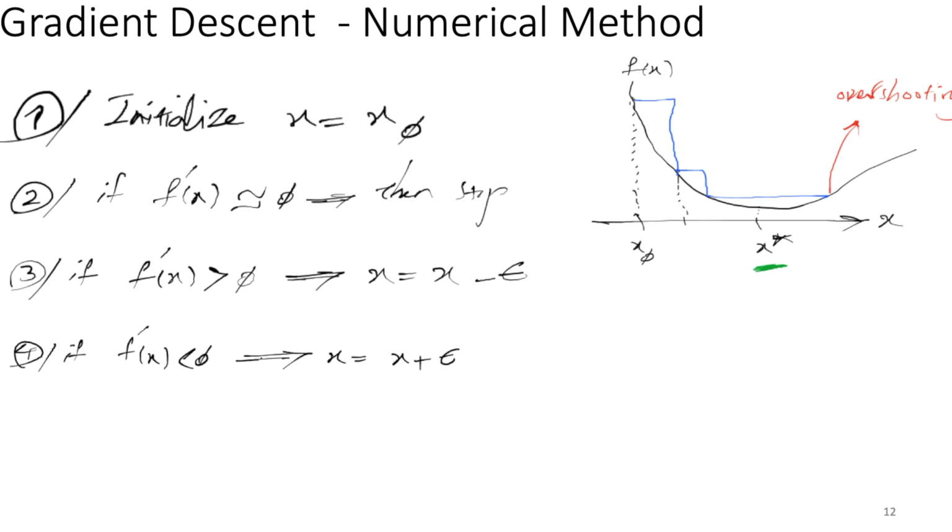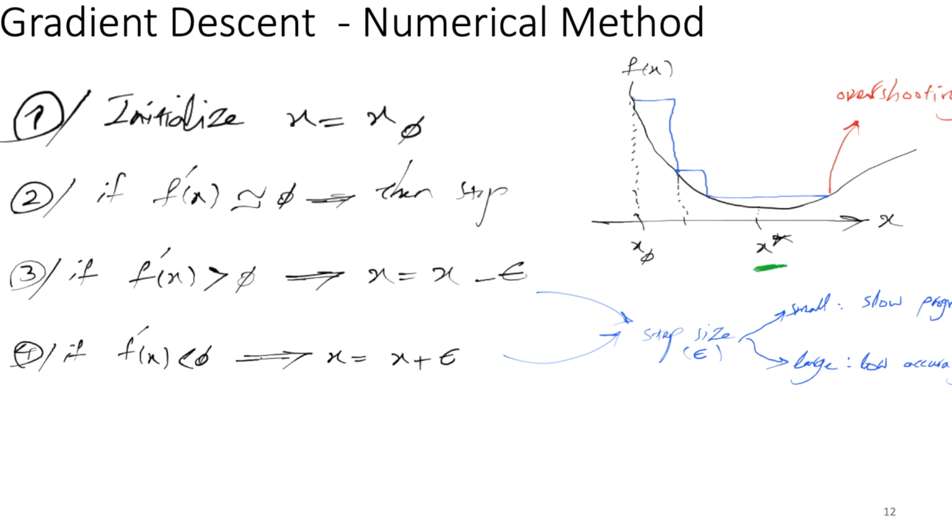In other textbooks, you might find it with different names like n, eta, or whatever. Here we call it E or epsilon, and that's your step size, just like the blue line you have in your graph.